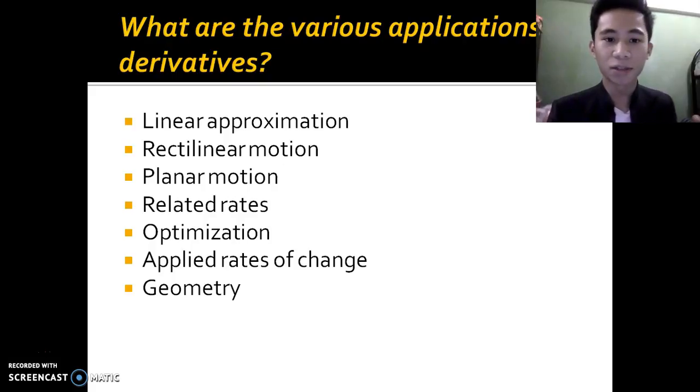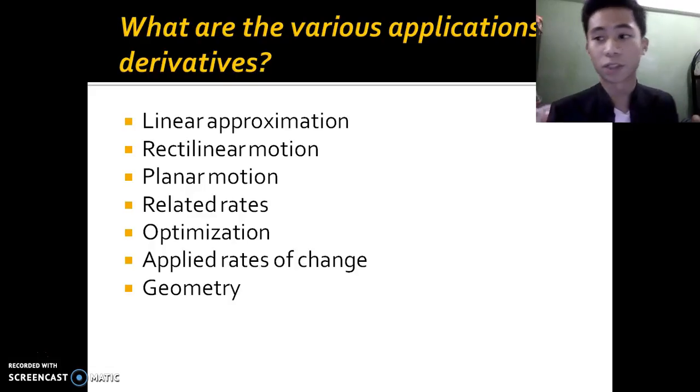In this slide, you can see many ways in which we can apply derivatives, but these are just a few. Linear approximation, rectilinear motion, planar motion, related rates, optimization, applied rates of change, and geometry.